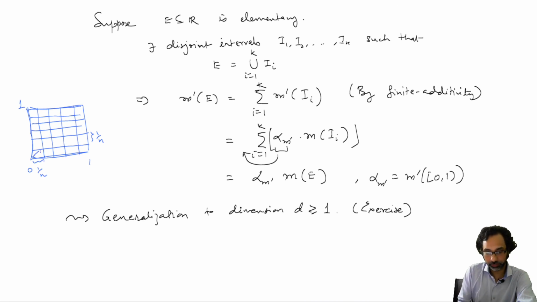So now each box has the same value M prime for any of these boxes that appear in this grid form. So this is not very difficult, and I leave it to you as an exercise for any dimension d. Okay, so now we have seen that our elementary measure is unique up to multiplication by a scalar c.